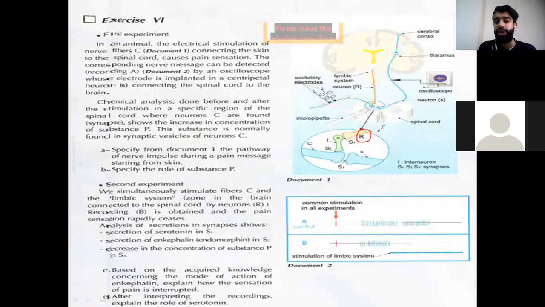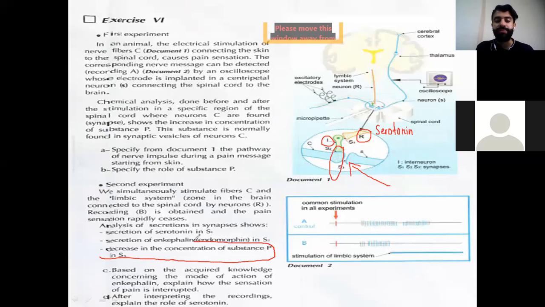It secretes serotonin. This serotonin, what did it do? It sent a message to the I, the interneuron, this one, telling it you have to secrete enkephalin. This enkephalin is secreted, and whenever the enkephalin is secreted at this region, it will inhibit partially the exocytosis of the P substance, as well as in SC3, so in this experiment we have a decrease in the concentration of the P substance.